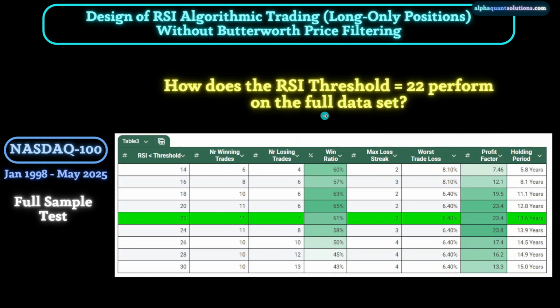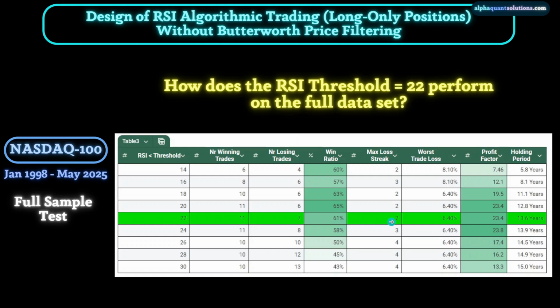Now, if we use this RSI threshold of 22 and apply it now on the full data sample that we have, so from January 98 until May 2025, and we look at this row with the RSI threshold of 22, then we have a total of 18 trades, 11 winning, so we have a win ratio of 61%.